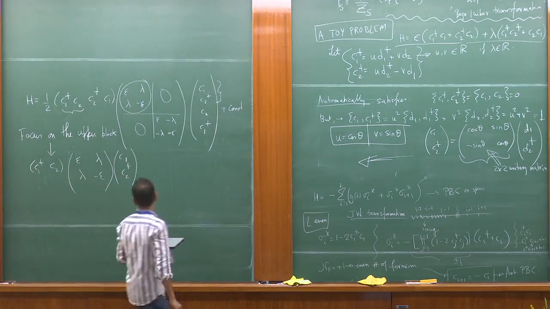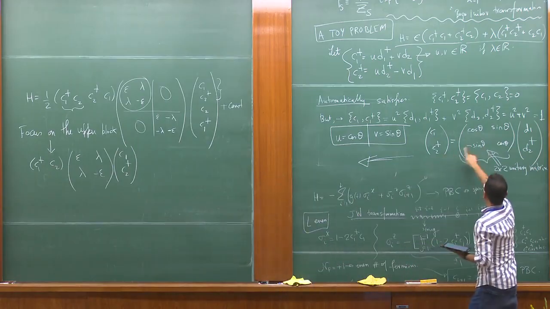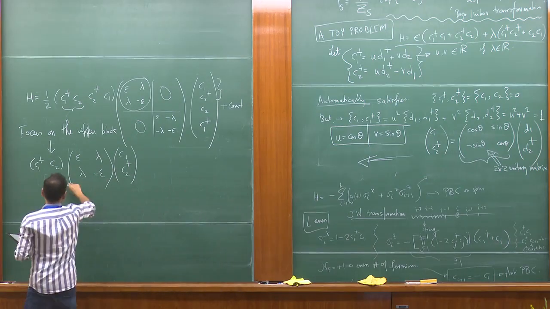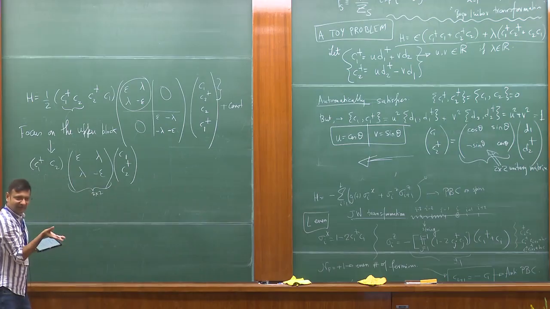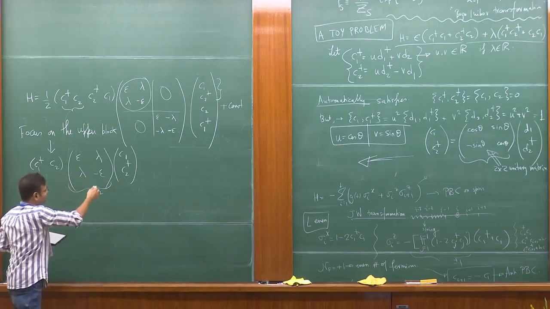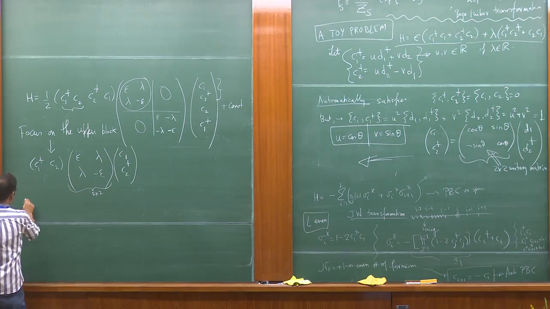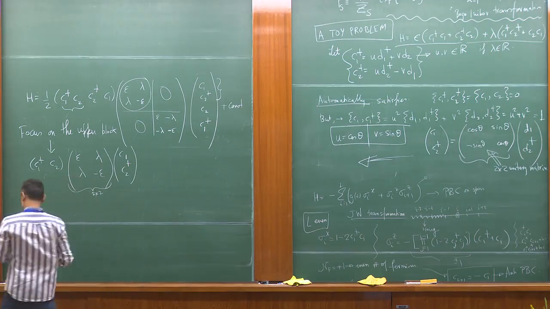Now, what was my transformation? My transformation was this, right? So let me make that transformation here. This 2 cross 2 is a non-diagonal matrix. My aim would be to insert this transformation and choose theta to make it a diagonal matrix, right? So I insert that transformation with an arbitrary theta here.